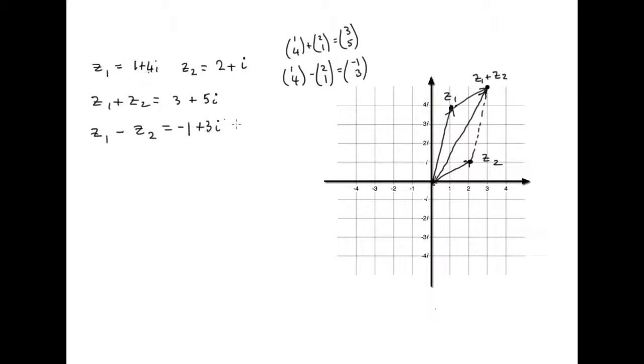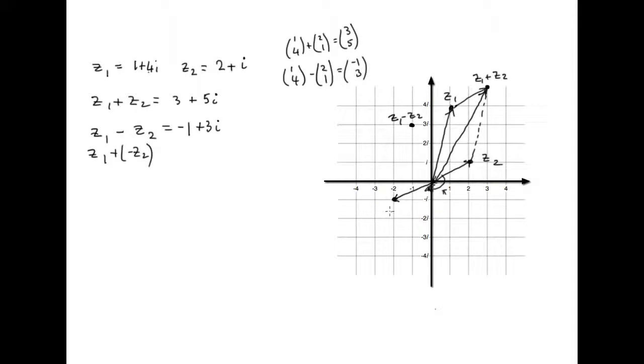So we get the complex number minus 1 plus 3i. That's up here. There's z1 minus z2. And in terms of the geometry, we have now to, if you like, add, think of it as the adding of the negative of z2. There's negative z2. Remember that was got by a half turn about the origin of pi radians.